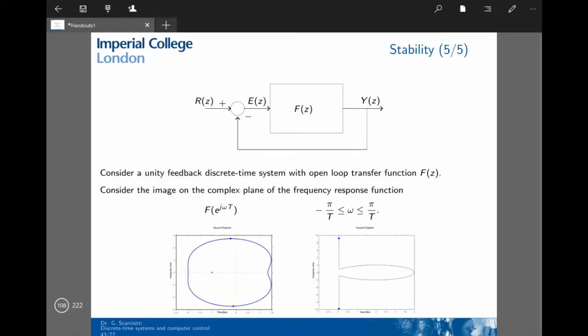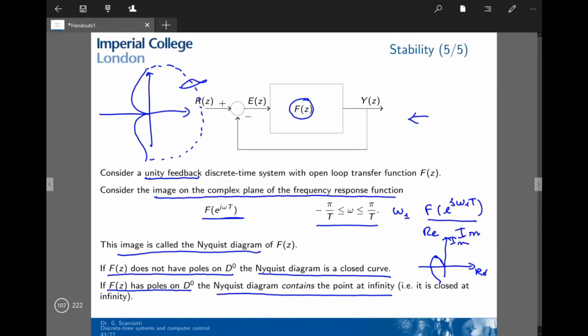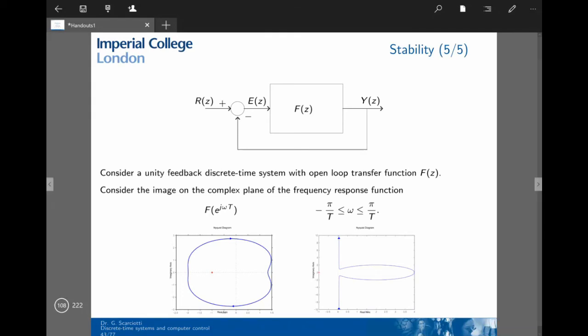For instance, here we have two different Nyquist diagrams for two different functions. Here we have the Nyquist diagram in which the plot is closed and is all close to the origin. So this is associated to an f of z that does not have poles on the unit circle.